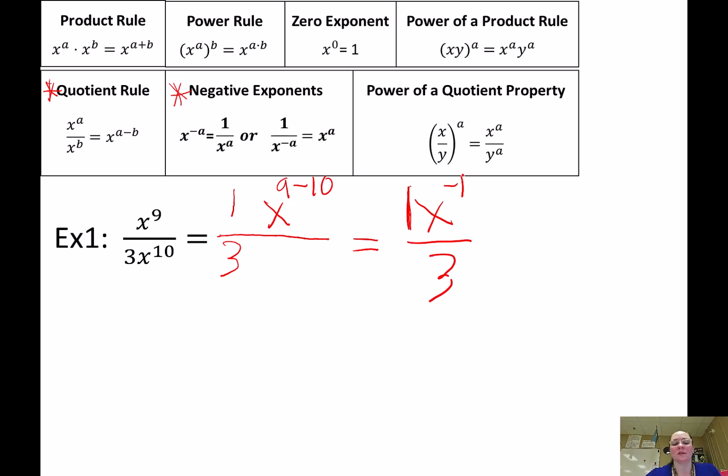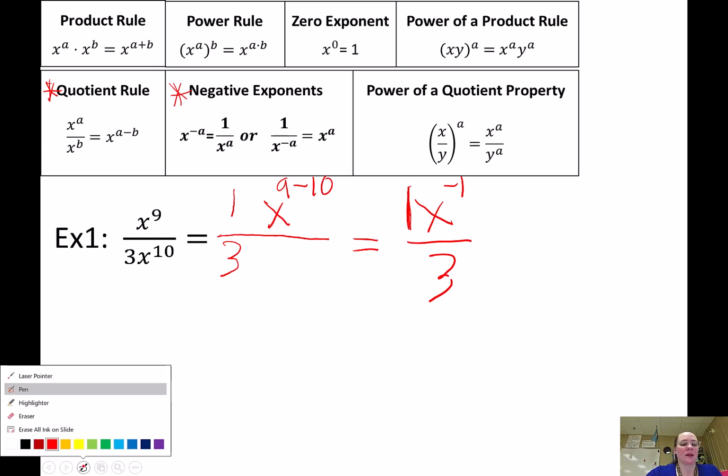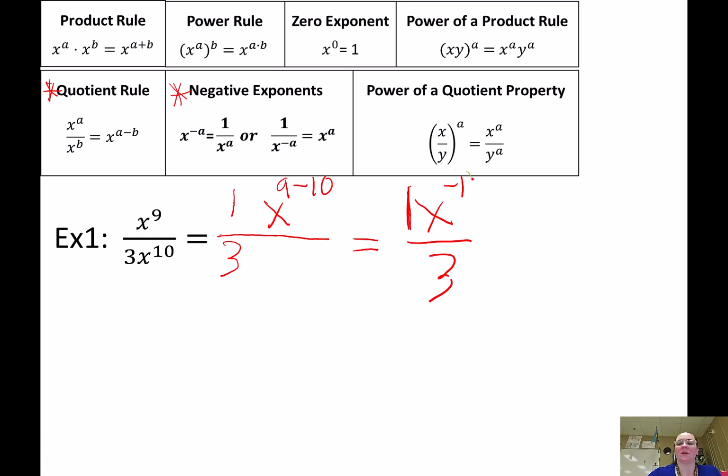So since my negative exponent is up here in the top of my fraction, I'm going to shift this down to the bottom to make it positive. And since it's an exponent of 1, I do not need to write that. So here's my final answer, 1 over 3x.